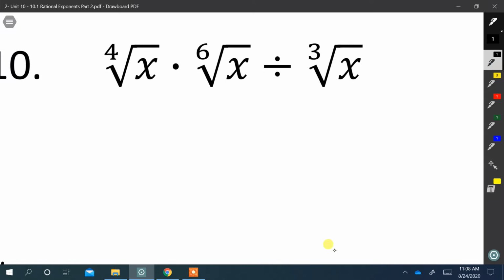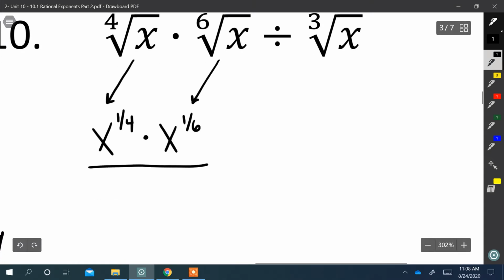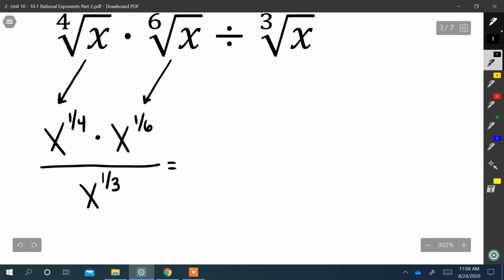That's okay with you. So this one here, I'm going to write it as x to the 1/4 times, we have x to the 1/6 over, because we're dividing all of that, x to the 1/3. The first thing I want to do is combine the first two together.